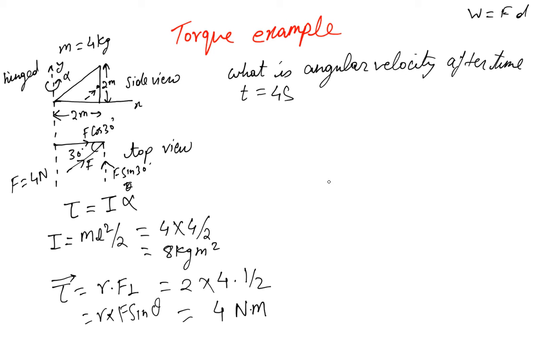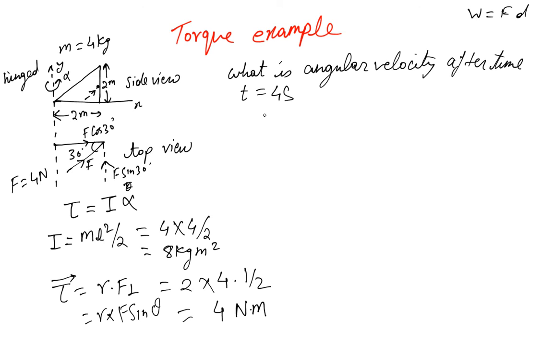This is also Newton meter, but work is actually scalar, while torque is vector. And you'll understand why this is vector if you want to talk about something called vector cross product. But let's not do that right now. Anyway, so the units for torque is Newton meter.